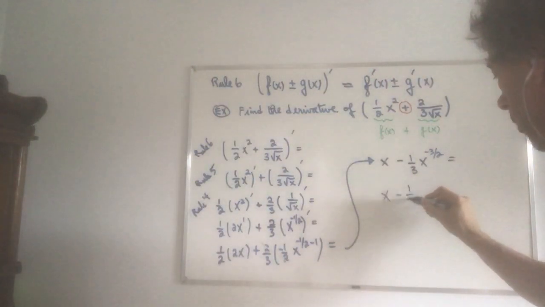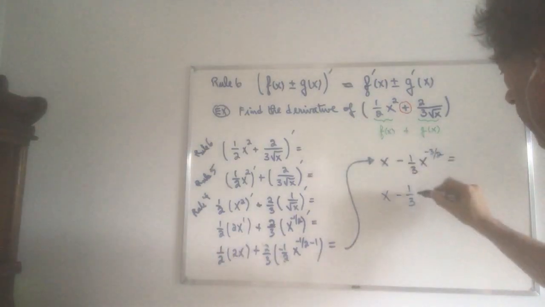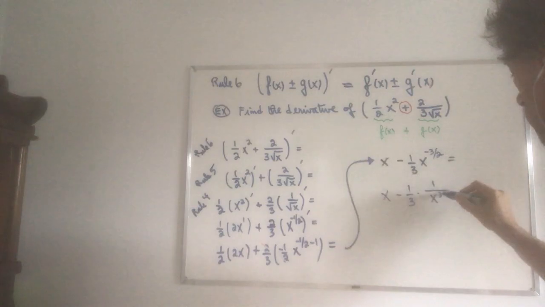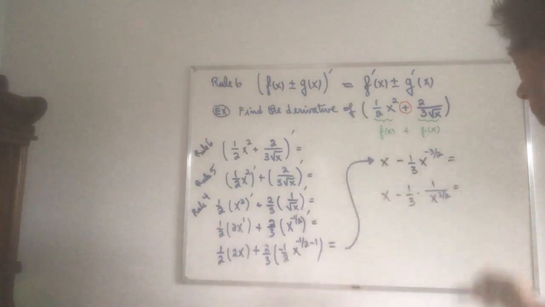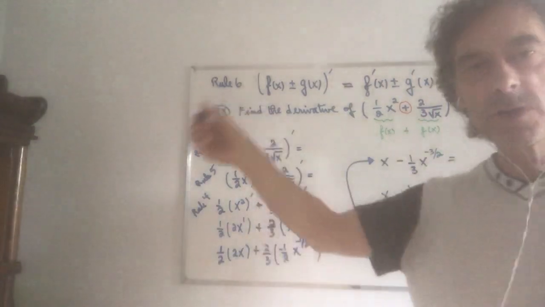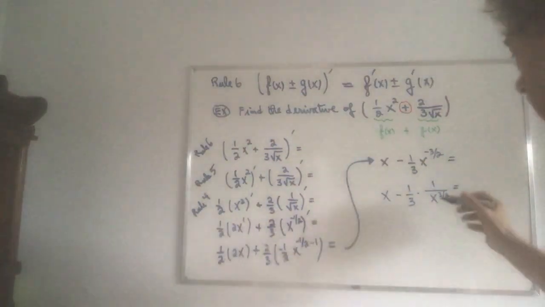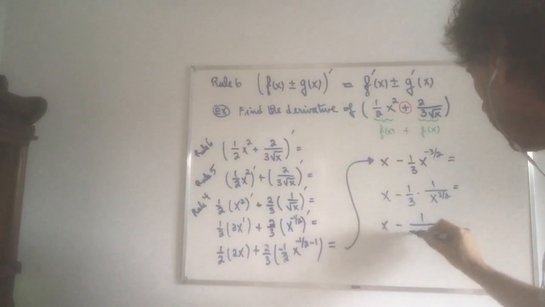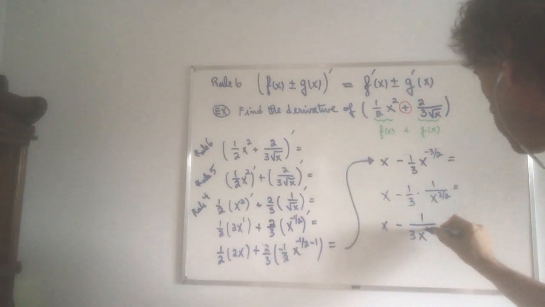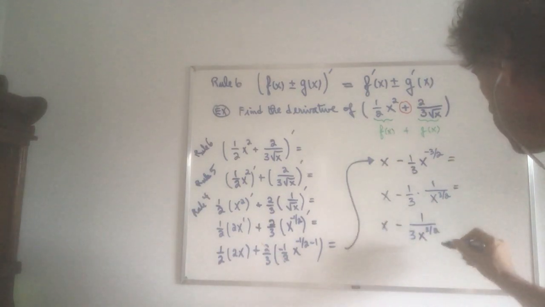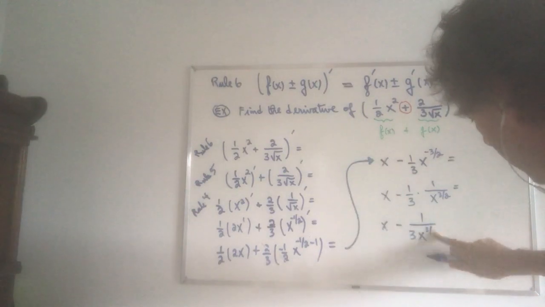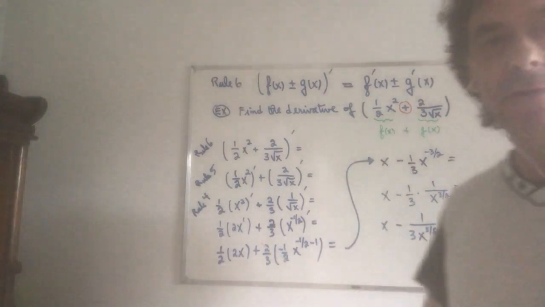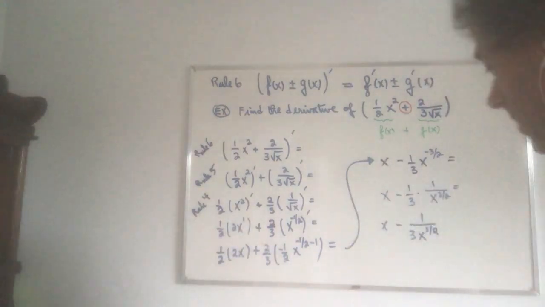So minus 1/3. This guy becomes 1 over x to the 3/2. The negative exponent makes it come down. So that is x minus 1/3x to the 3/2, which is a completely satisfying answer. 10 on 10, 5 on 5, 17 on 17.